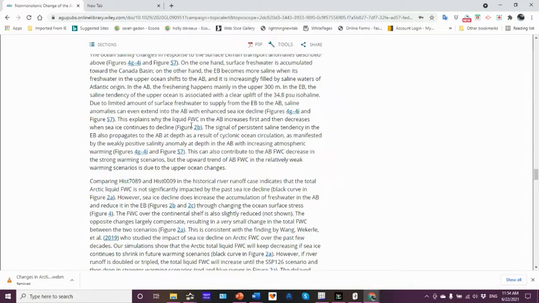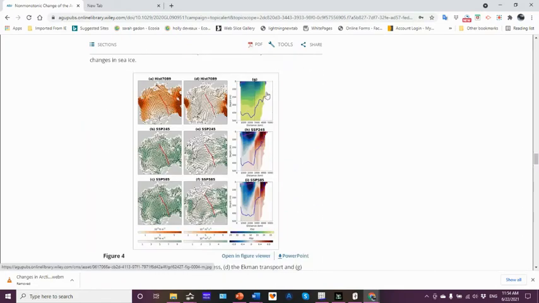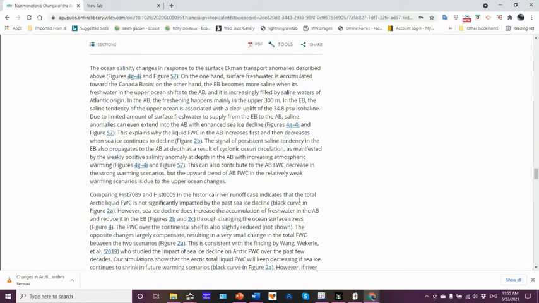I just showed you that. In the Amerasian Basin, the freshening happens mainly in the upper 300 meters. I just showed you that. In the EB, the saline tendency of the upper ocean is associated with a clear uplift of the 34.8 PSU isohaline. That's this right there, as we can see in those three panels.